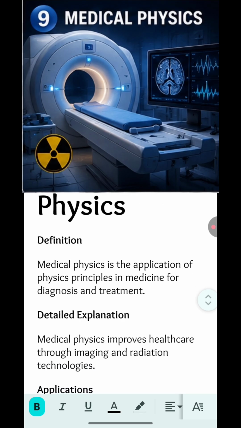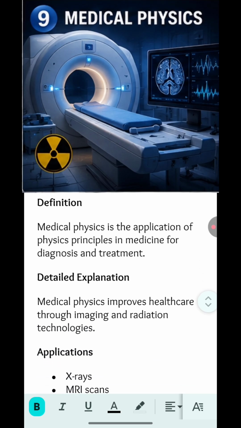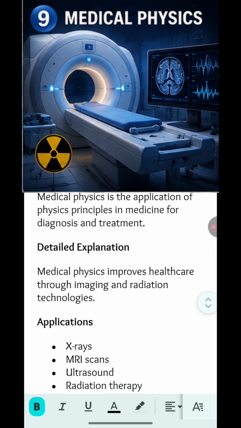And next, medical sciences, physics in medical sciences. Medical physics is the application of physics principles in medicine for diagnosis and treatment. Medical physics improves healthcare through imaging and radiation technologies.